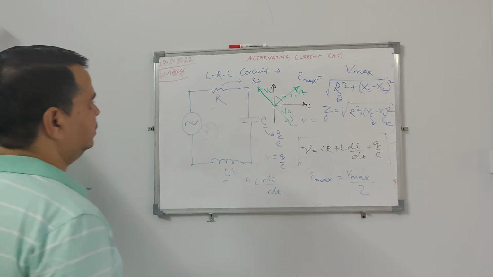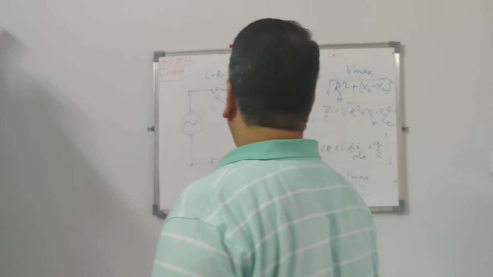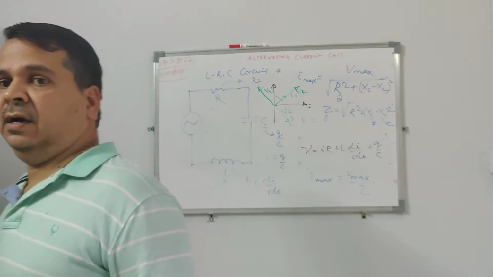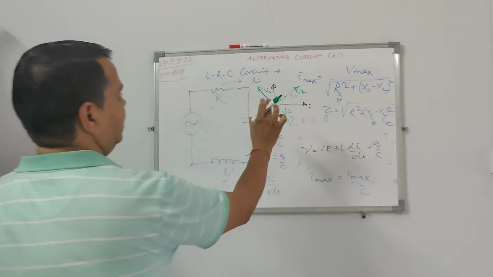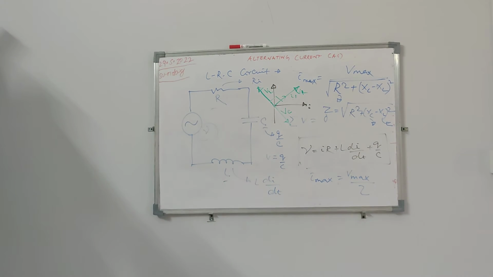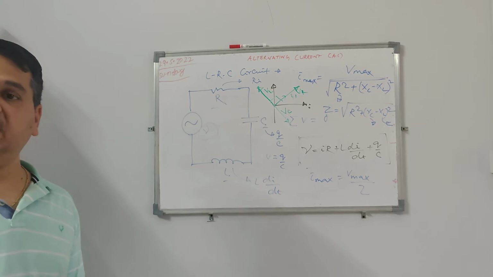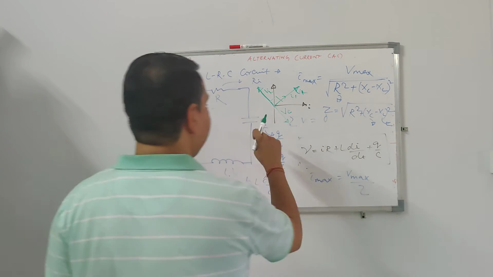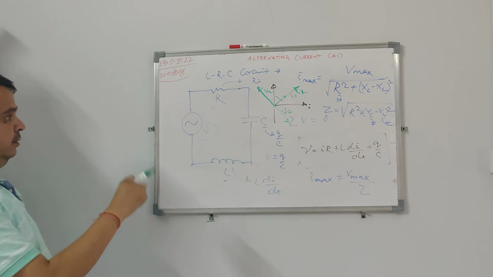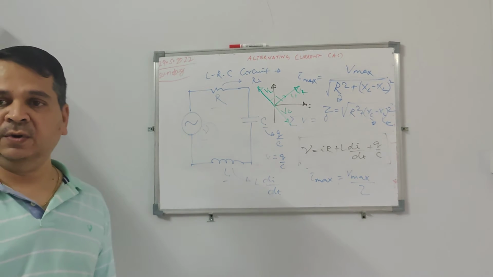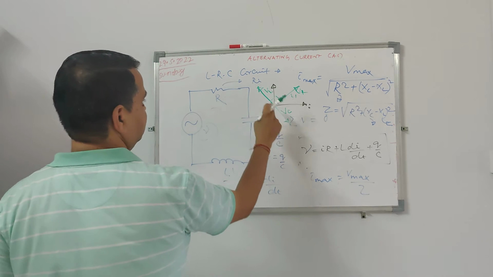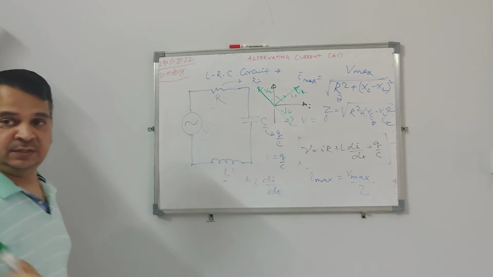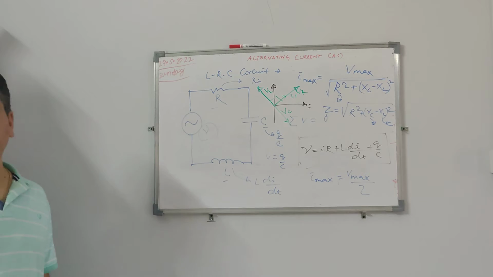So the final phase angle of the resulting voltage will be what? Imagine you are keeping the current direction as the reference. You want to see what is my resulting voltage. That will be the angle of the resulting voltage with respect to the current. It depends on the voltage drop across the inductance and the voltage drop across the capacitance.